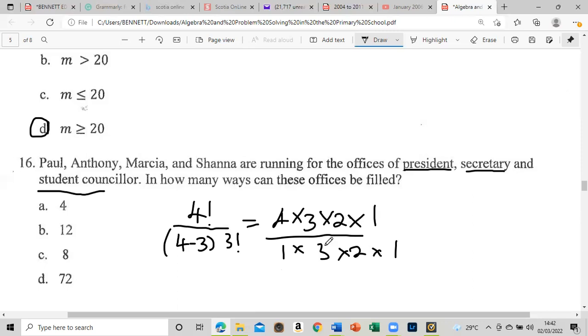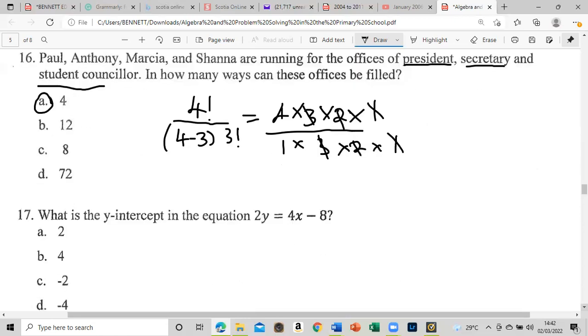So these cancel, and this will give us 4 divided by 1, that will give us 4. As I say, when you're in college, you definitely do this.